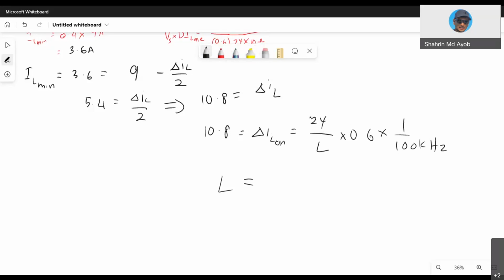That's why in the slides, all our analysis is to obtain the L minimum, right? But this question is not about L minimum. This is about the inductor value that gives you I minimum equal to 0.4 of your IL average. Okay? Itu berapa?